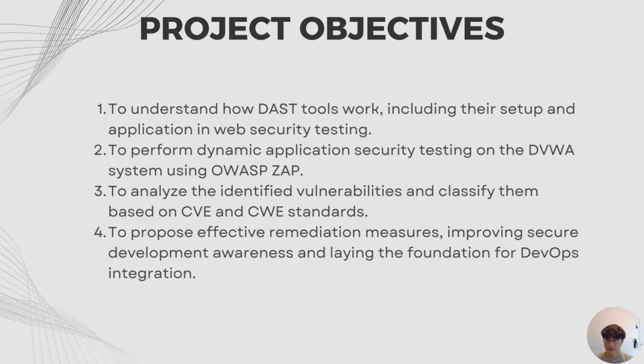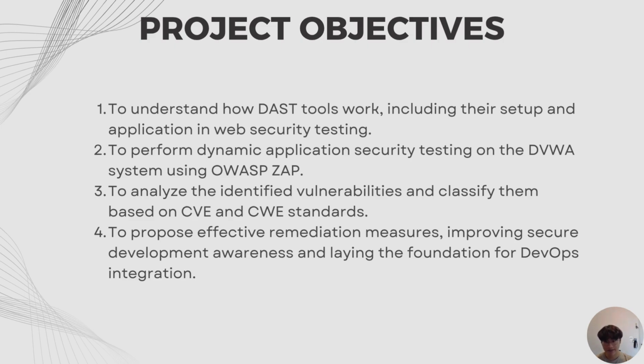Here are the key objectives of our project. First, we wanted to understand how DAST tools work, not just in theory, but how to set them up and apply them in real web security testing. Second, we applied OWASP ZAP to test the DVWA system, simulating real-world attack scenarios.